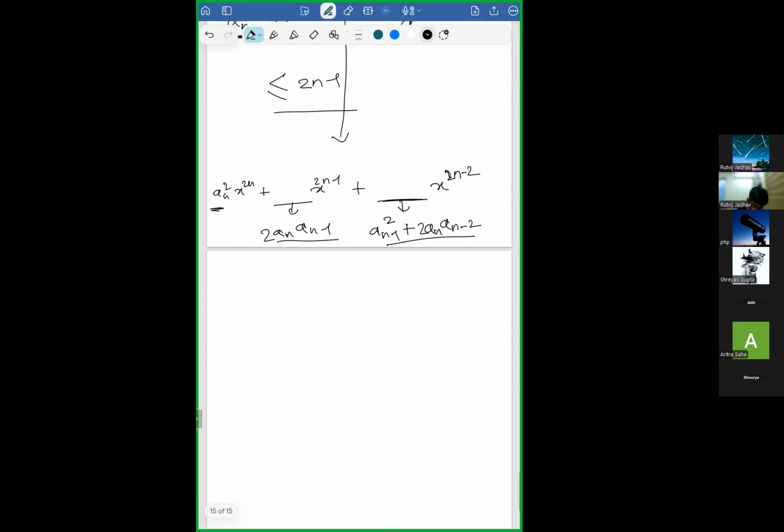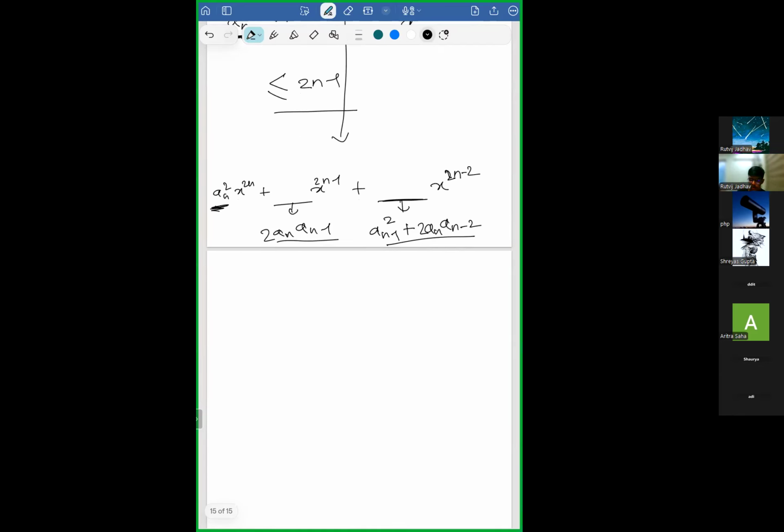Now see, we know that a n square is positive, so we might as well assume that a n is positive, because otherwise we can just consider minus p of x. It won't change the square term, right? So let's assume a n greater than 0. So in the coefficient of x raised to 2n minus 1, we have 2 a n times a n minus 1.